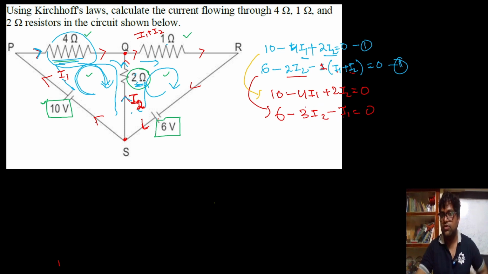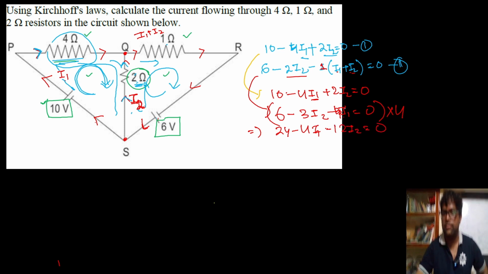So what I can do, I can find the value of I1 and substitute it here, or I can eliminate also. For elimination, I can multiply by 4, so that it will become 4I1. Okay, now do the next step. I'll multiply by 4 here, so it will become 24, and I'll write minus 4I1, and minus 12I2 equal to 0. So I'll subtract the equations.